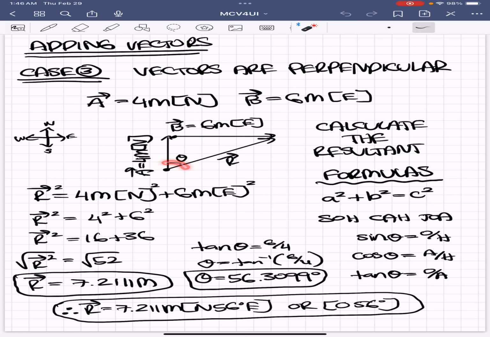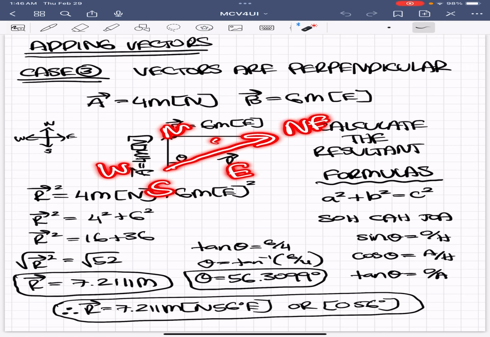As you can see that right there too. So this is north, this is north, this is east. So it's going to be somewhere in the northeast. That's the direction of the resultant. Up here is north, east, south, west. It's going to be going this way, so it's going to be in the northeast.